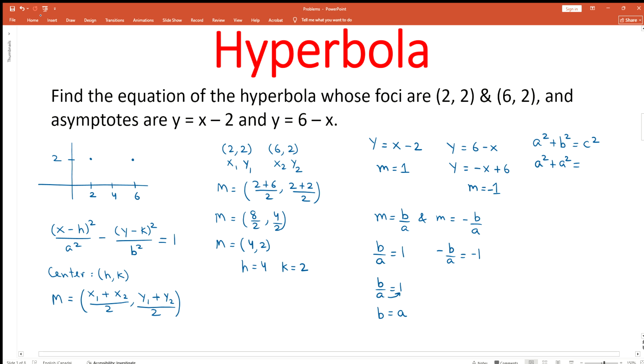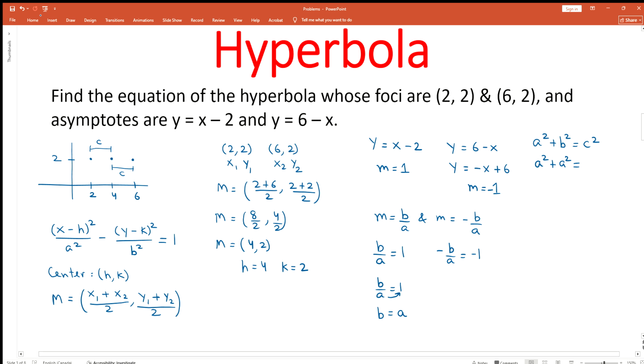We found out that the center of the hyperbola is (4, 2), which is this point. The c value is the distance from the center of the hyperbola to either of the two foci. So this distance here is equal to c, and this distance is equal to c. As we can see in this diagram, c is equal to 2.